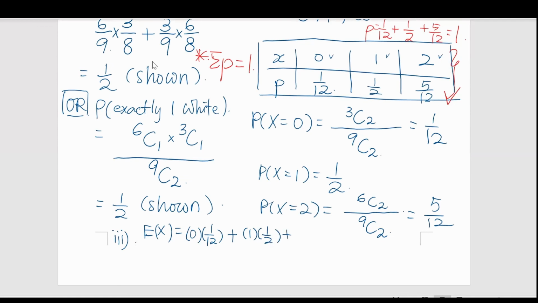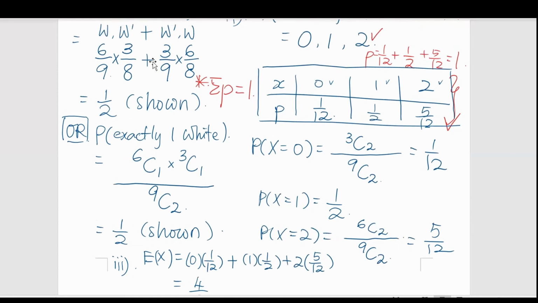And when x is 2, the corresponding probability is 5/12. Right? Then calculate. It's going to be 4/3.